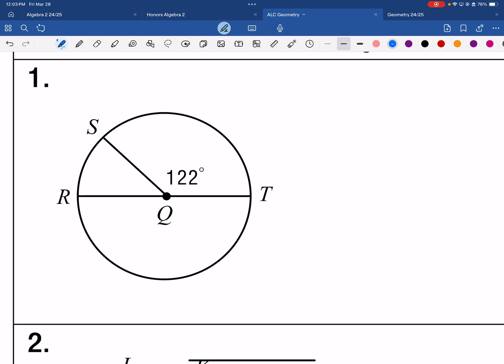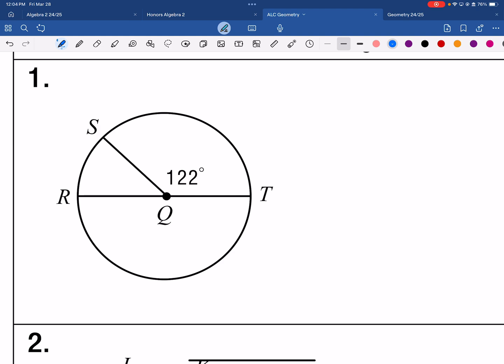Okay, so we have this circle, and I've got a central angle here that's 122 degrees. Now, on the other side of this paper, there's a bunch of questions. But let's see what we can fill out or figure out before I even look to see what our questions are.